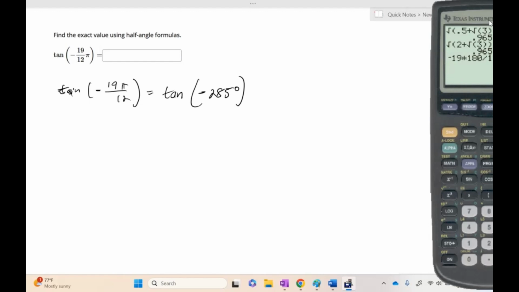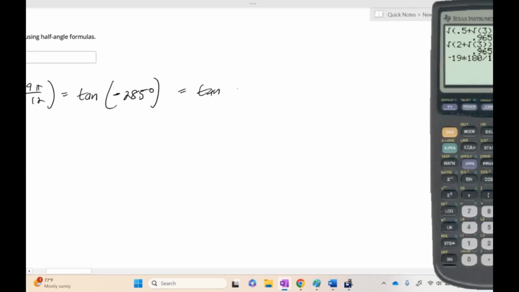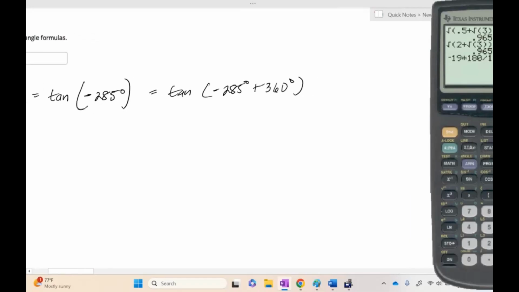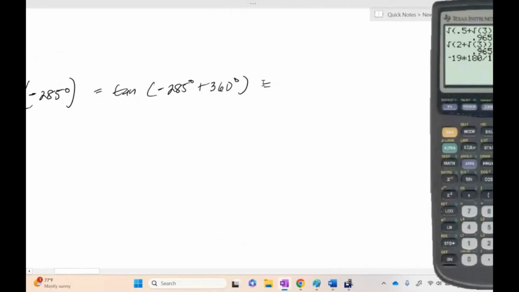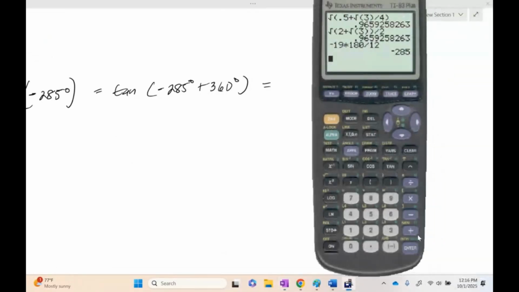I can add 360, because I would have a coterminal angle, right? So that's the tangent of negative 285 plus 360. If I add 360, we get 75 degrees.